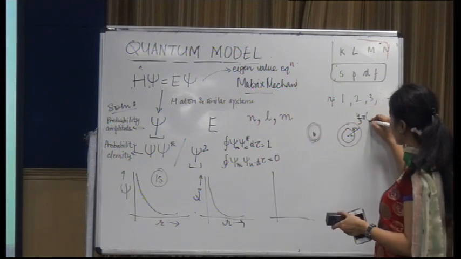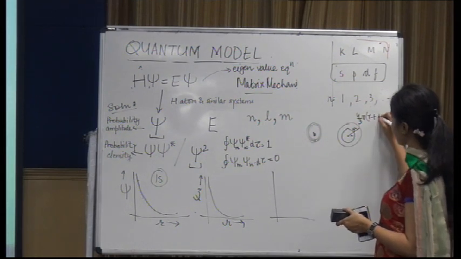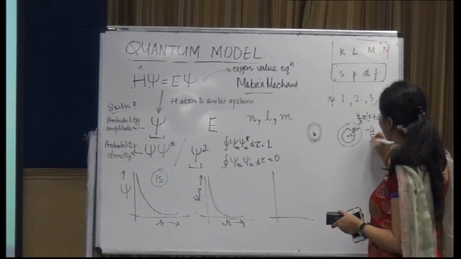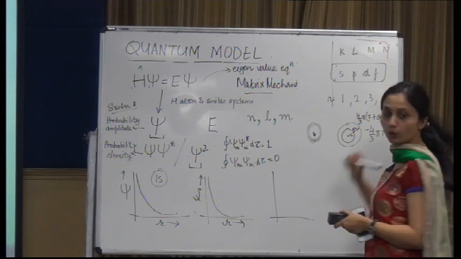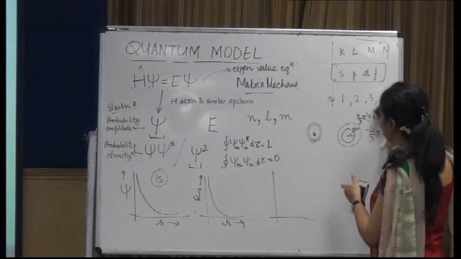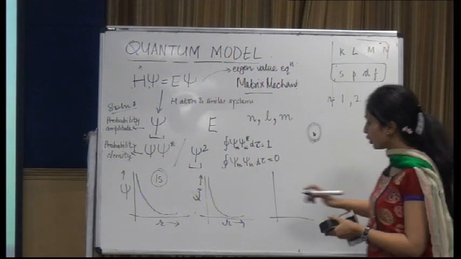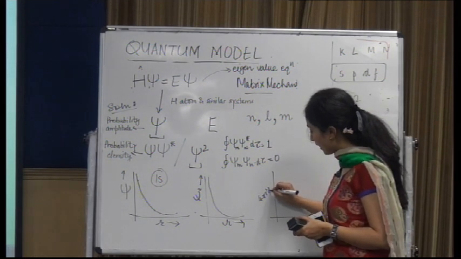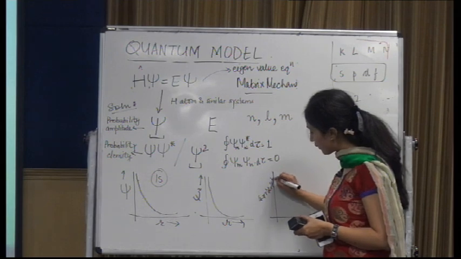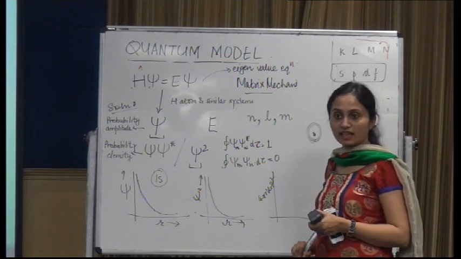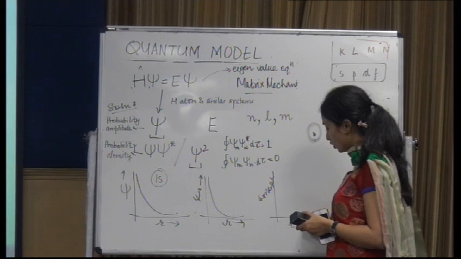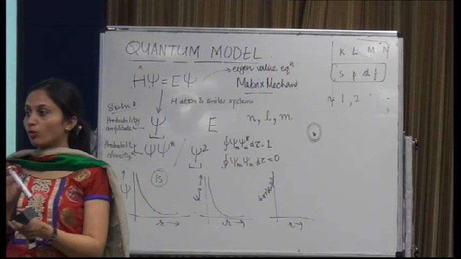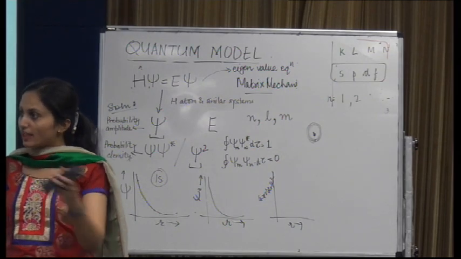So the outer sphere will be 4/3 pi (r plus dr) whole cube minus 4/3 pi r cube, right? And when you solve this, you get an expression which is 4 pi r square dr, multiplied with your probability density. Got the point? We have just taken the volume element into account. Which volume? The volume in which the electron was revolving.